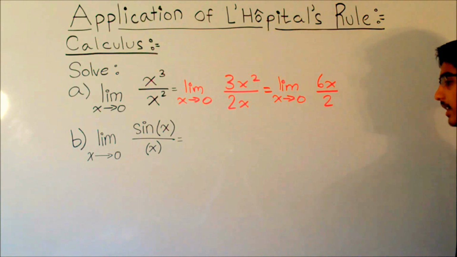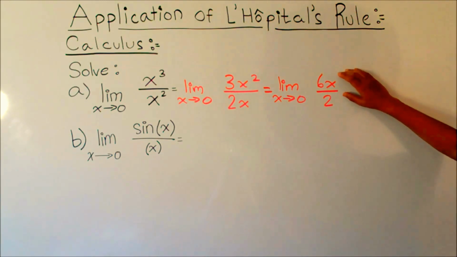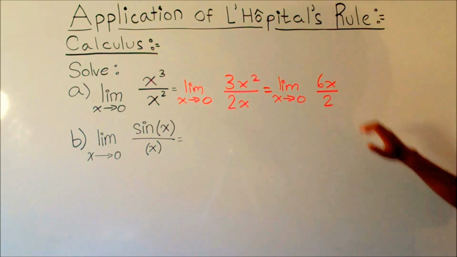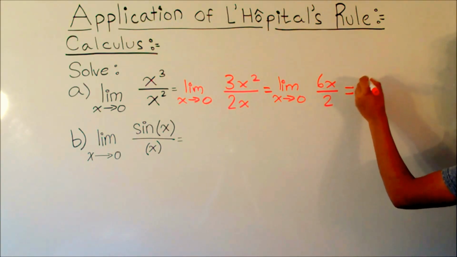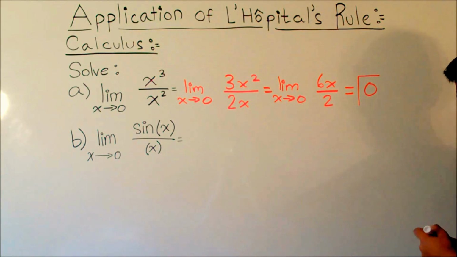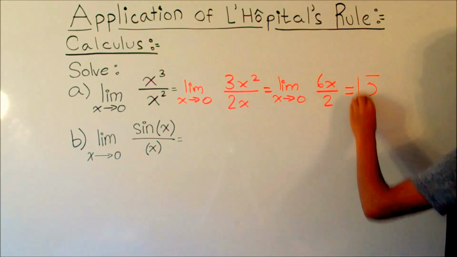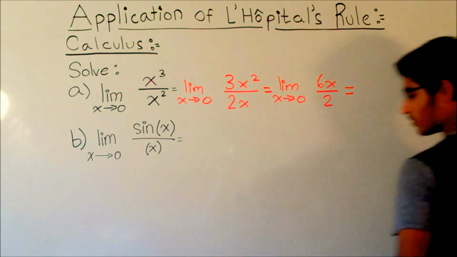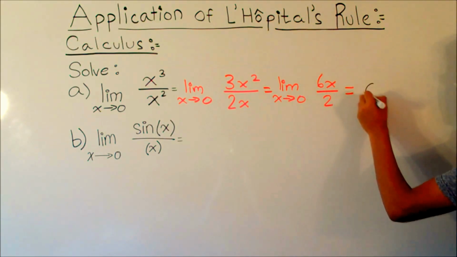As you can see, we have a 2 in the denominator. So when we plug in 0, we get 0 over 2, which is equal to 0.